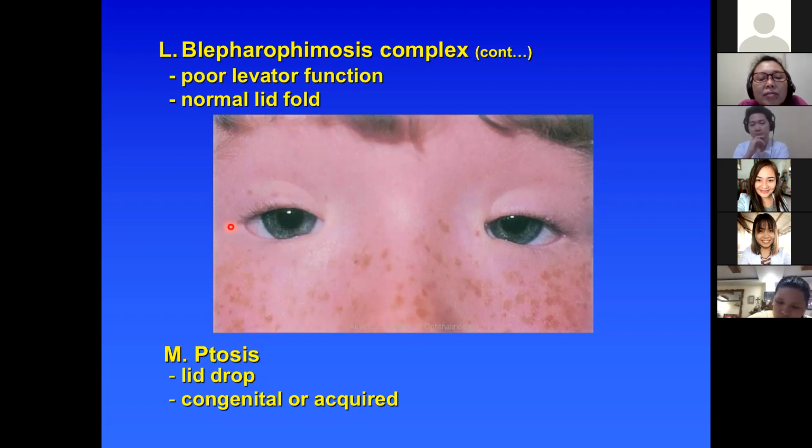Bata pa to, pero mga 7 na siguro ito. Ito maiksi. Para siyang maliit lang na nabutas dyan. But the lid fold here, hindi normal ang kanyang lid fold. Usually here, the defect is the levator function. That's a poor levator function. Ptosis, alam na ninyo yan. Okay.